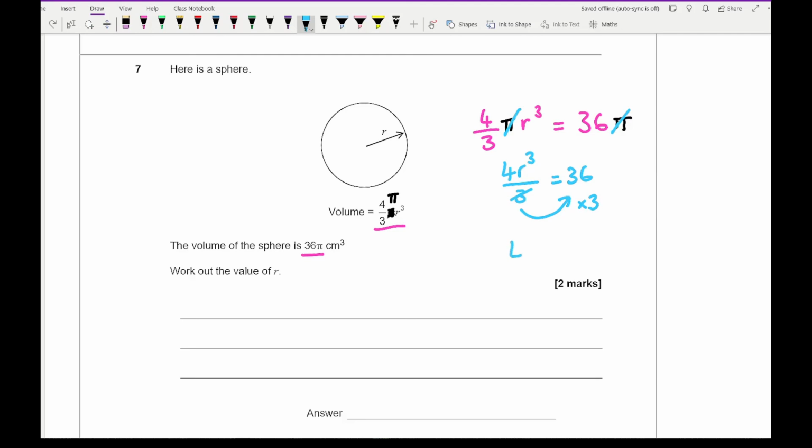So I've got 4r cubed equals 108. I've then got to divide by 4. So 108 divided by 4 is 27. So r cubed equals 27. And what cube number gives you 27? Well, that's going to be 3. So our final answer is 3, and the units are in centimetres.